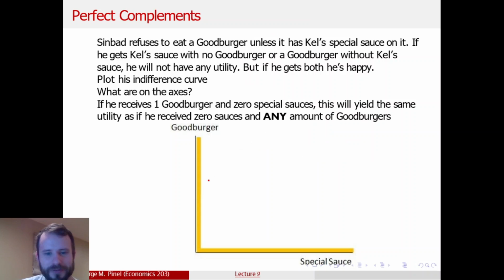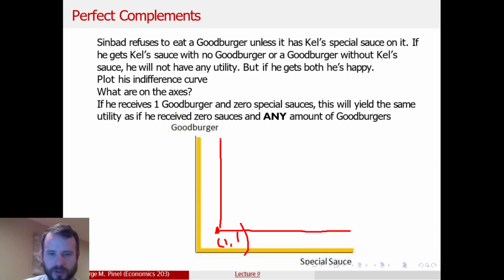So if I have one good burger and one special sauce over here, 1, 1, okay, and I increase the amount of special sauce, I am not increasing my utility. Same utility, so same indifference curve. And if I increase the amount of good burgers, well, guess what? Same utility.